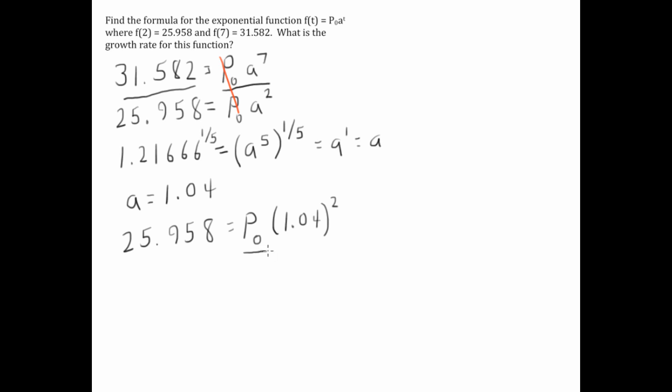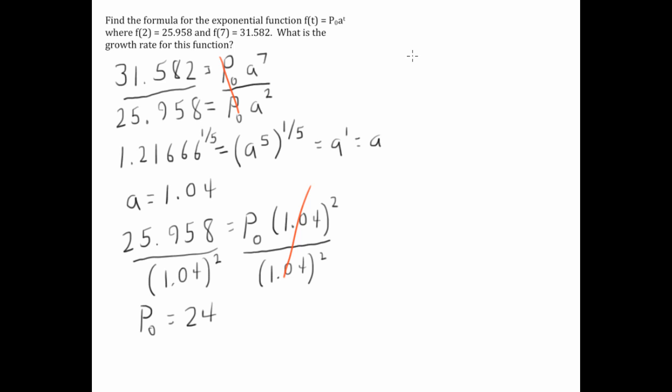Solve for p sub 0, so of course we're dividing. Alright, almost there. Time to bring out the red. Boom! That's gone. And to 2 decimal places, what we get is a p sub 0 equal to 24.